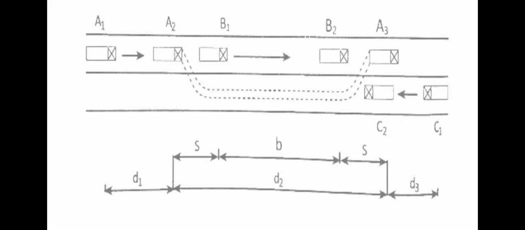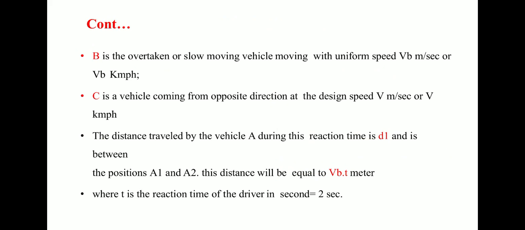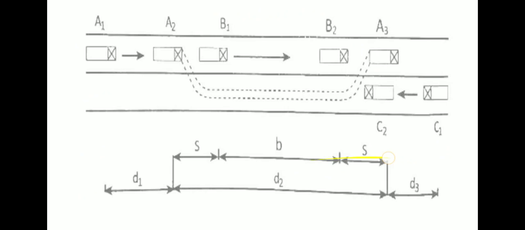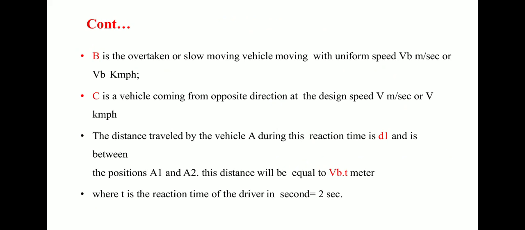A is going to overtake B, and small b is the distance for the movement of vehicle B from B1 to B2. B is the overtaken or slow vehicle at velocity VB. C is the vehicle coming from the opposite direction at a design speed V. The distance traveled by vehicle A during the reaction time is d1, in between A1 to A2, as we already said.